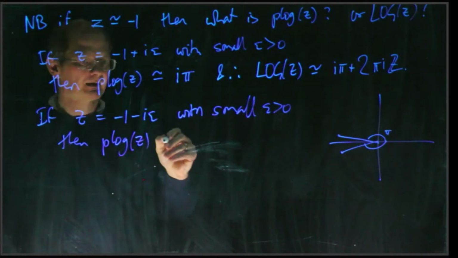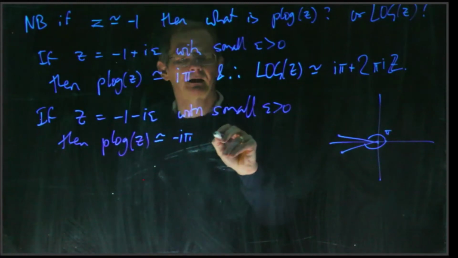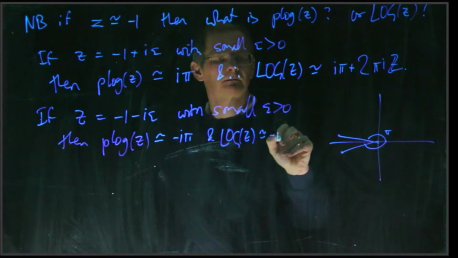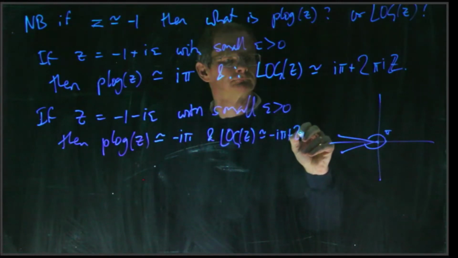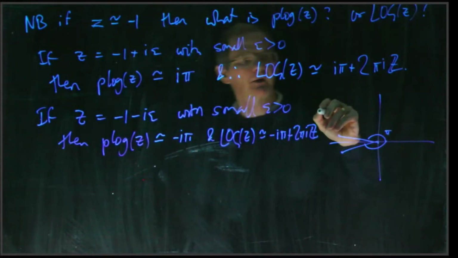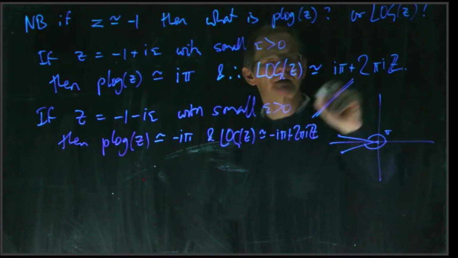So in this case, this is approximately minus i pi. But a key point is, of course, these two cosets are actually the same, because the difference between i pi and minus i pi is 2 pi i.